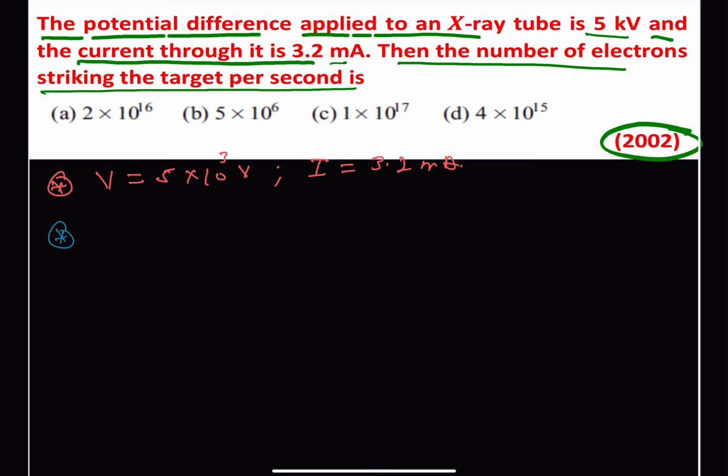We know that current I is equal to Q upon T, and from here Q is equal to current multiplied by time T. And it is asked per second, so the value of this will be 3.2 into 1, giving us 3.2.